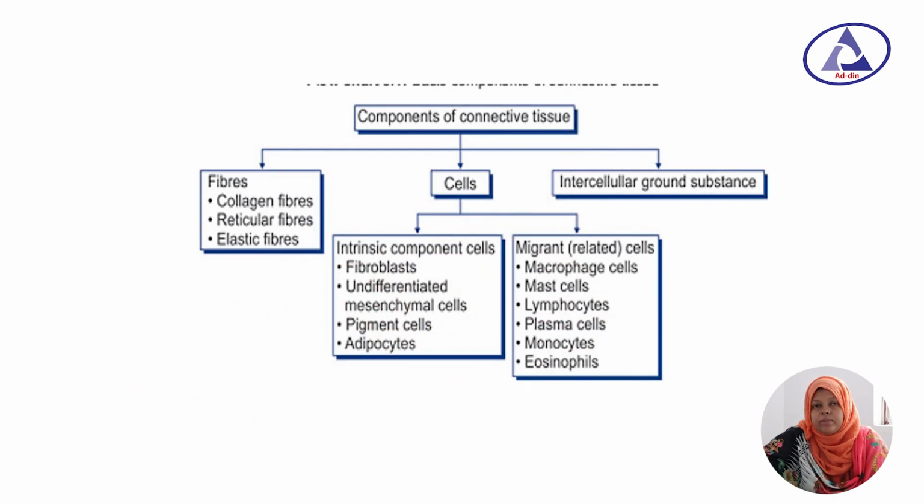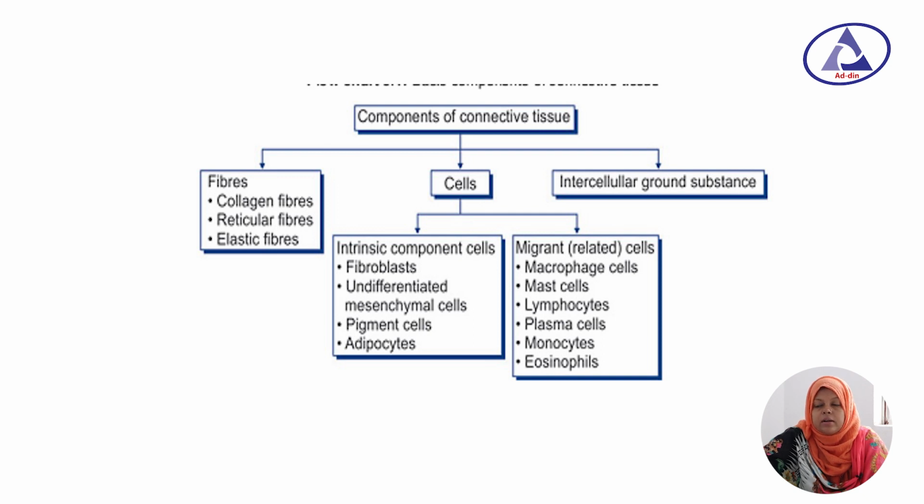Component of the connective tissue, it consists of fiber, cell and ground substance. The fibers are the collagen fiber, reticular fiber and elastic fiber. The cell, there are two types of cell present in the connective tissue. One is called permanent cell or intrinsic cell, the other one is called transient cell or migratory cell.